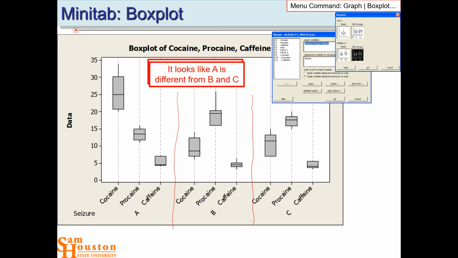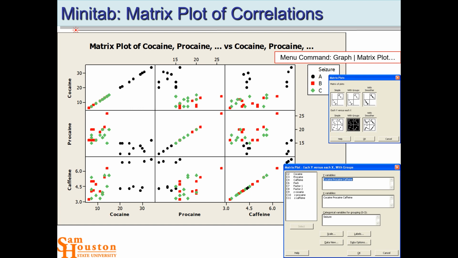Wow. Okay. And so this one is a really confusing looking chart, but this is what they call it, a matrix plot of correlation. So it's every variable plotted versus every other variable. And so across this vertical axis, you have cocaine, procaine, and caffeine. And across the horizontal axis, you have cocaine, procaine, and caffeine.